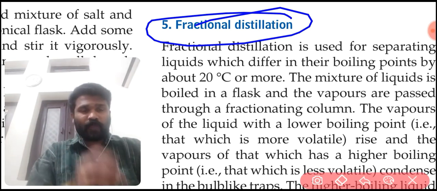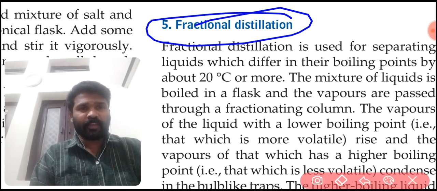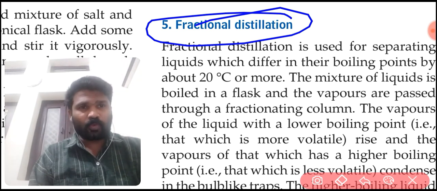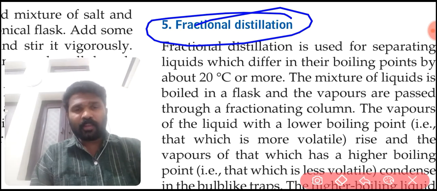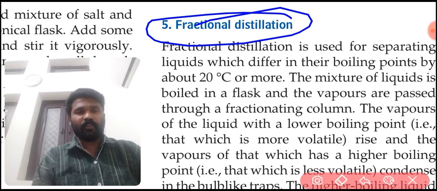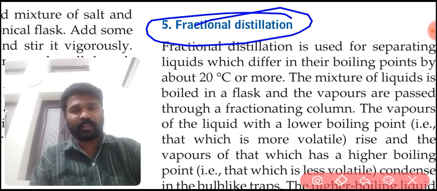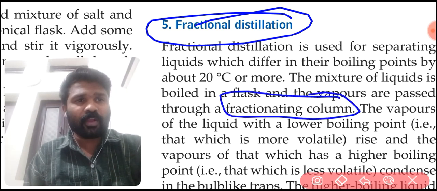Okay, this fractional distillation is a method used for separating liquids which differ in their boiling points by about 20 degrees Celsius or more. The mixture of liquids is boiled in a flask. First we have to boil the mixture of liquid in a flask, and allow the vapors to pass through a fractionating column.